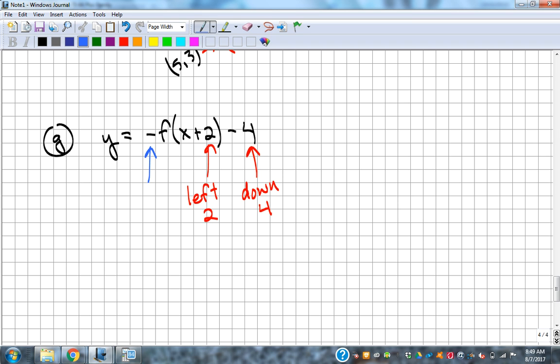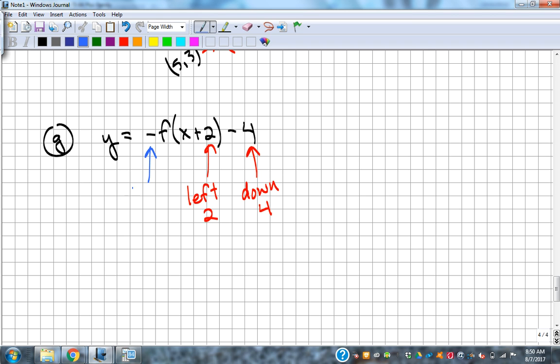What does a negative do? Technically, what is A in this problem? It's -1, right? So the negative A value makes it do what? Open down, which means it's going to flip the graph over. So we're going to take our original graph.